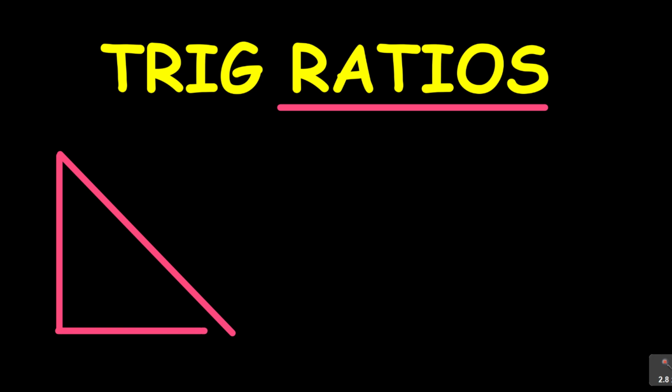A trig ratio is only applicable to a right-angled triangle, which is a triangle with a 90 degrees angle. In this particular right-angled triangle, we apply what we call SOHCAHTOA.